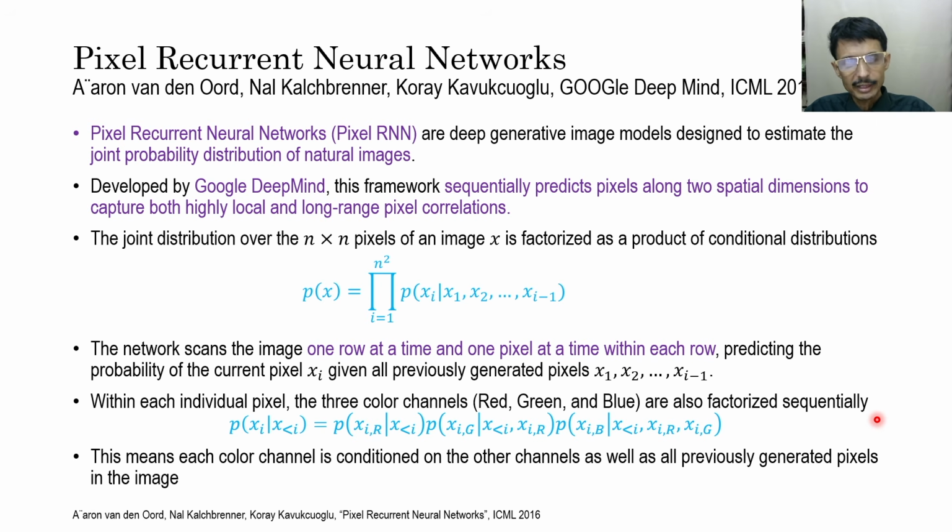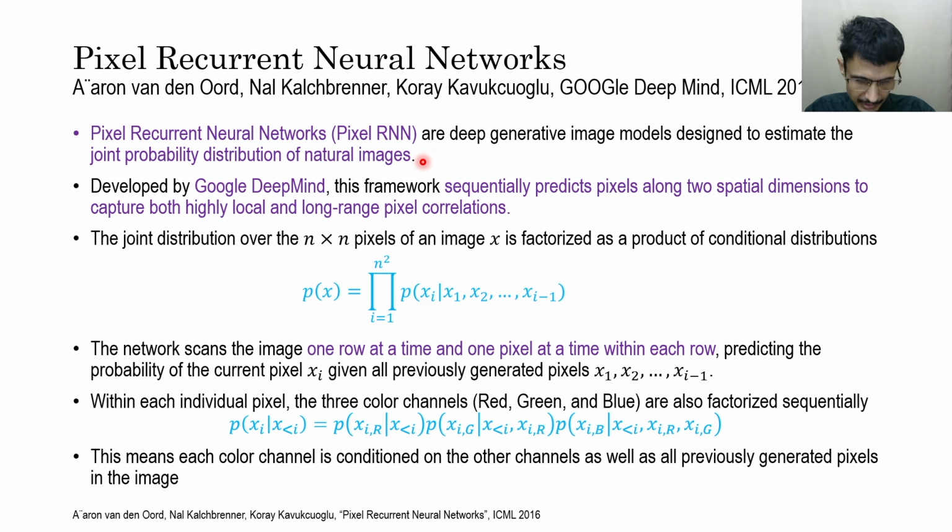The paper is called Pixel Recurrent Neural Networks. PixelRNN are deep generative image models designed to estimate the joint probability distribution of natural images. This framework, developed by Google DeepMind, sequentially predicts pixels along two spatial dimensions to capture both highly local and long-range pixel correlations.